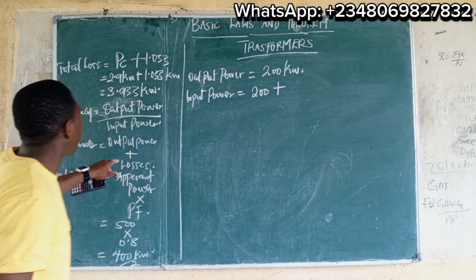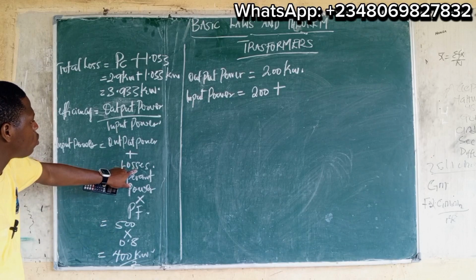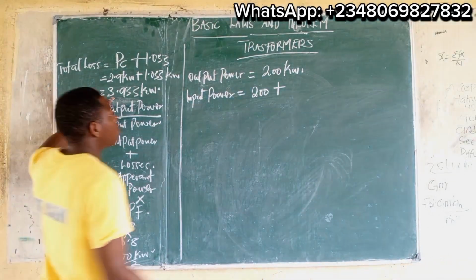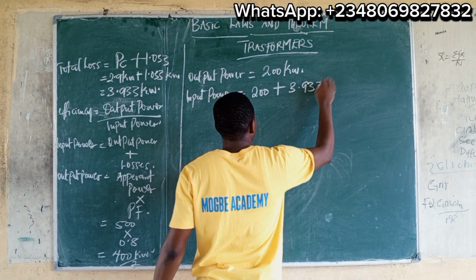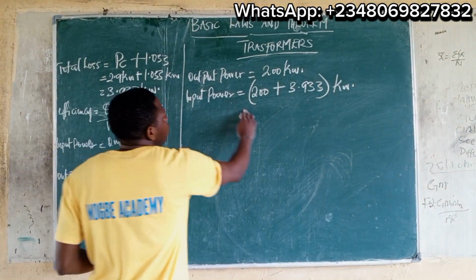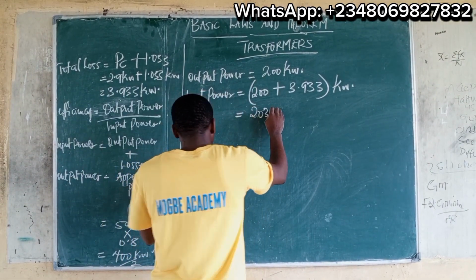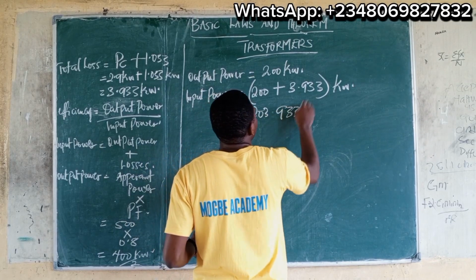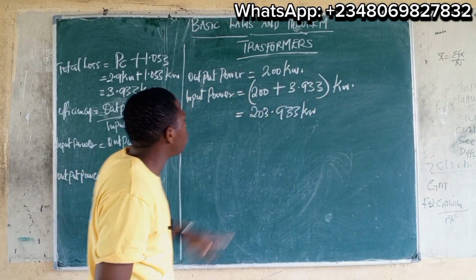We altered our copper loss, so our new loss, which is total losses, is 3.933 kilowatts. If you punch this into your calculator, you simply arrive at 203.933 kilowatts. Now this is our new input power.